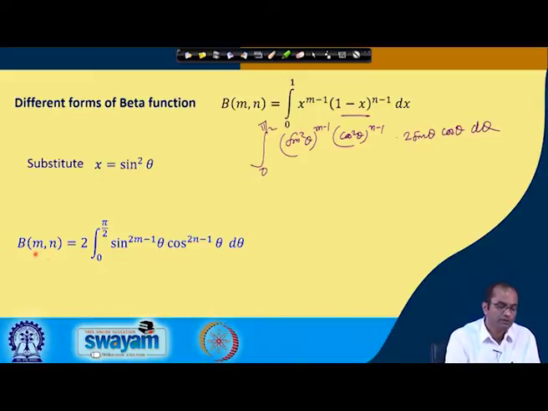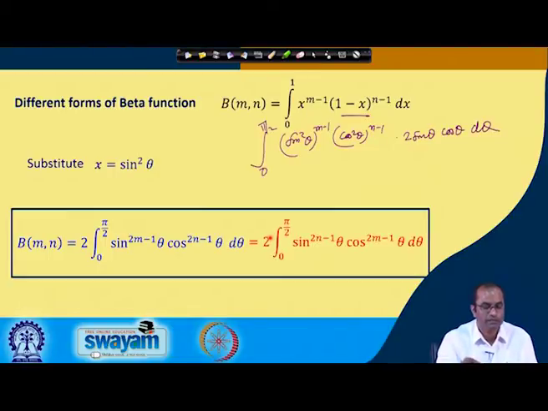So, this is another form of this beta m n in terms of the trigonometric functions. So, beta m n is coming to be 2 times the integral from 0 to pi by 2 of sine power 2 m minus 1 theta cos power 2 n minus 1 theta d theta, or by just changing the role of m and n, we can also get sine power 2 n minus 1 theta and cos power 2 m minus 1 theta.